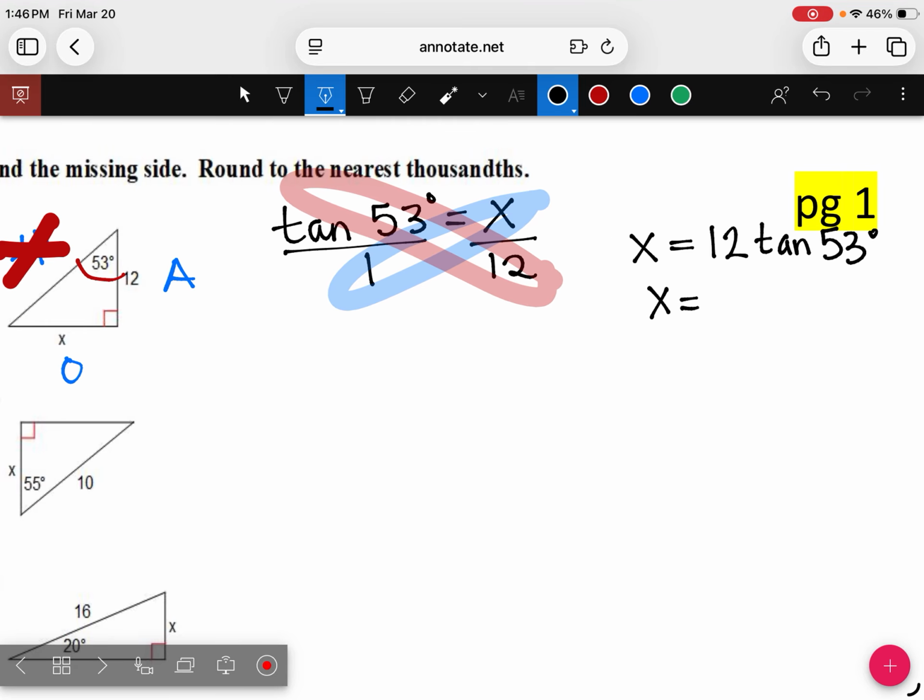X is not an angle. X is on the outside, so we are not using the inverse. Everything we do in chapter 8 is to the thousands place. How many zeros are in $1,000? 3. So I need 3 numbers after the decimal. So when I type it in my calculator, 12 times the tangent of 53, I get 15.92.